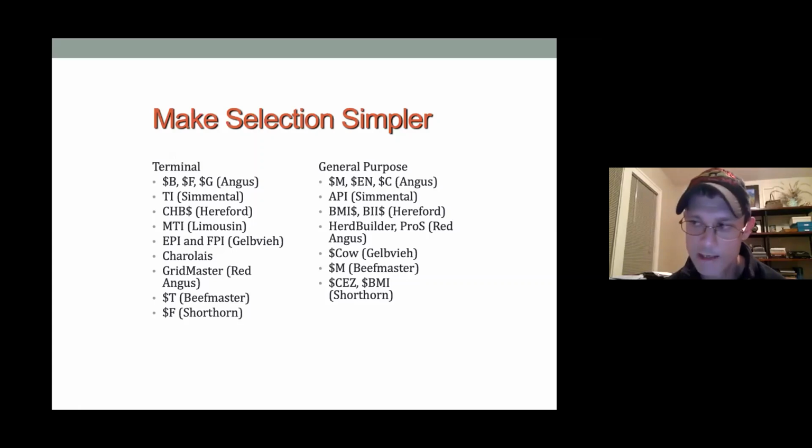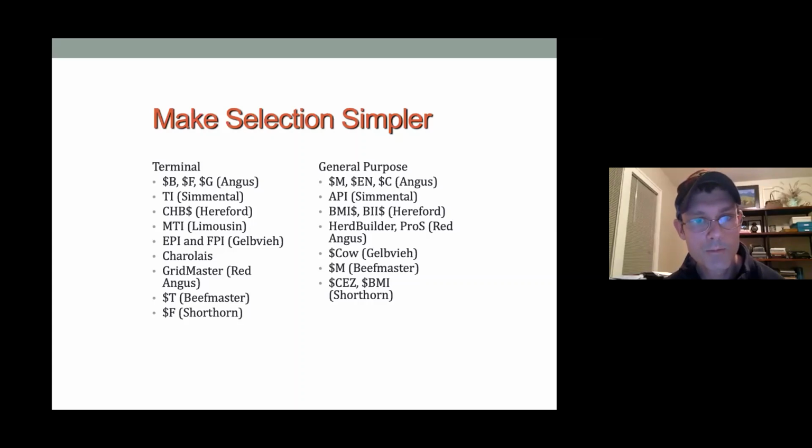So it's a retained ownership situation, and they're marketed on a CAB-based grid. So obviously it's going to emphasize post-weaning growth and carcass merit. It doesn't assume that heifers are being kept back. As a consequence, it doesn't give any weighting to things like heifer pregnancy or mature cow weight, etc.